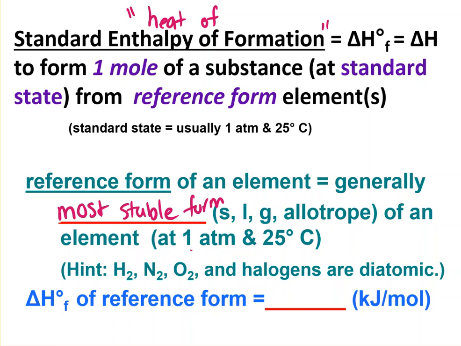This is the standard state, like it says up there. Notice that this is different than STP for gases because it's 25 C, which is room temperature approximately, rather than 0 C. By definition, the heat of formation of the reference form is equal to 0.